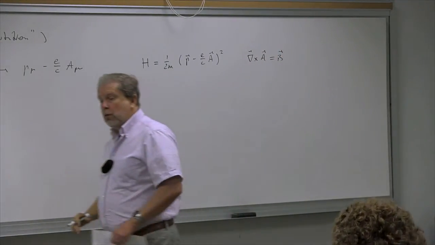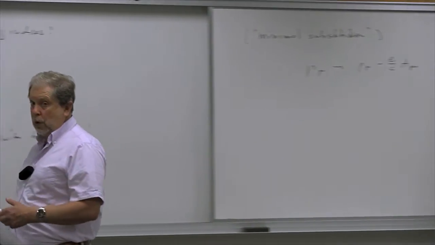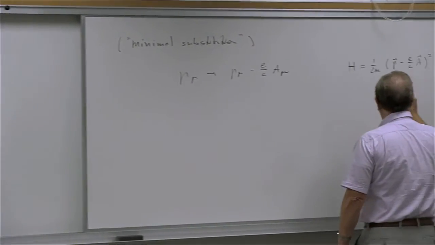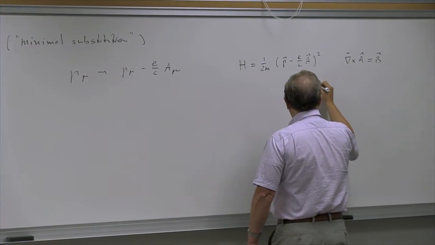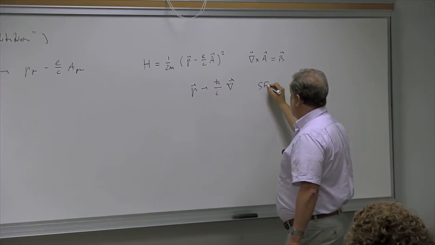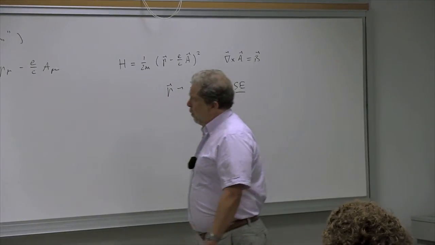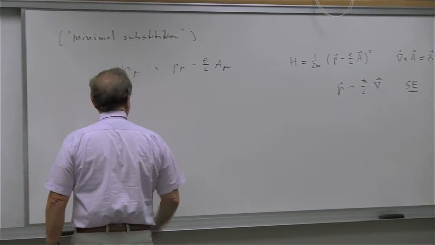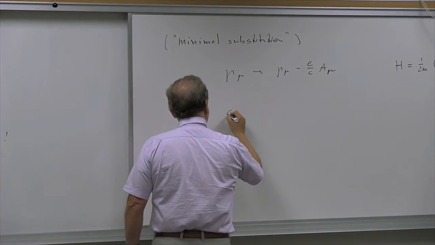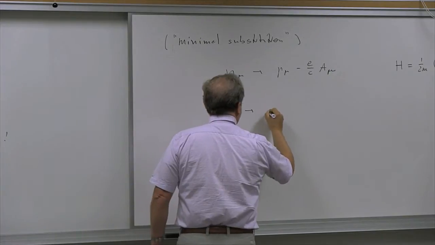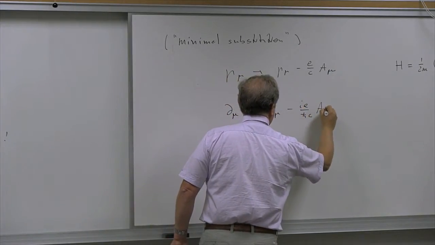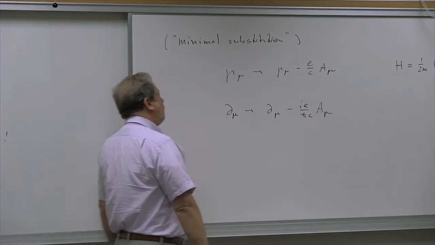So this is what we do in classical mechanics, and we also do it in quantum mechanics, because in quantum mechanics you replace P by h bar over I times the gradient, and that is how you get the Schrödinger equation, right? So when we talk about P as being a derivative, this corresponds to the replacement of d mu by d mu minus IE over h bar C times A mu.